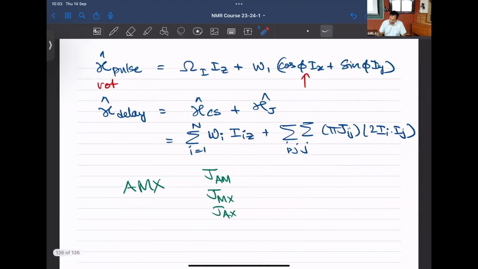If you're very close to on resonance, this goes to zero and only the effect of the pulse exists. So nothing else exists. During the delay, remember, you don't have a pulse. You just have the interactions between the spin and the magnetic field. This is the Zeeman interaction, and this is the dipole-dipole interaction, which are present during that time. Did that clarify your doubt on what the Hamiltonian is during acquisition or delay?